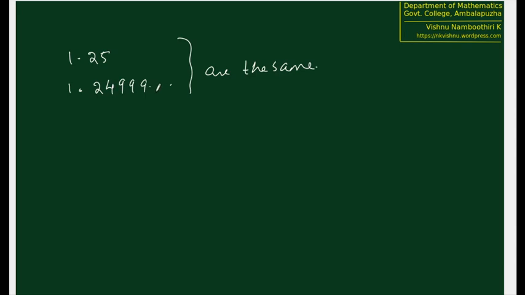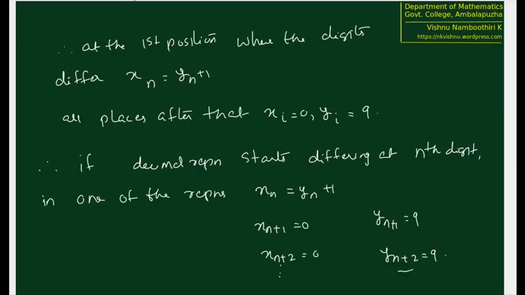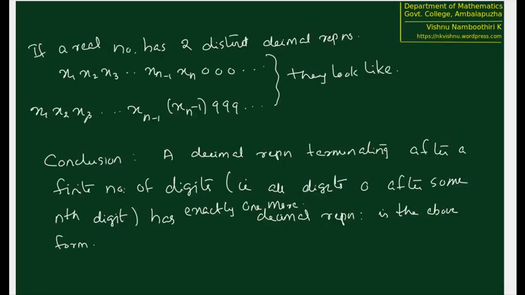So two decimal representations will be the same, provided one of the decimal representations terminates after a finite stage, and the second looks like this, up to that position where it's terminating, here at xn. At the end position, the other representation will have 1 less, and after that it's going to be 999 etc.